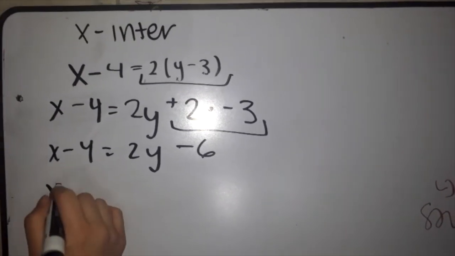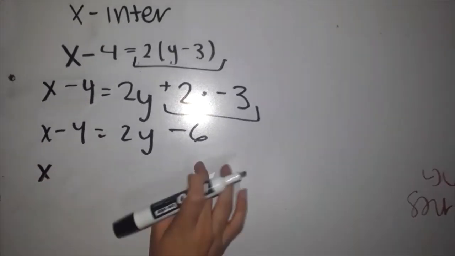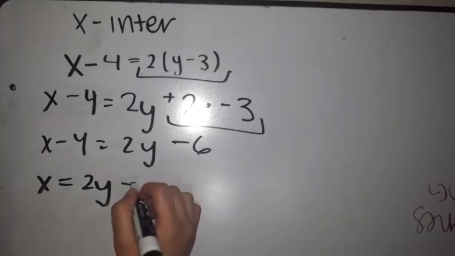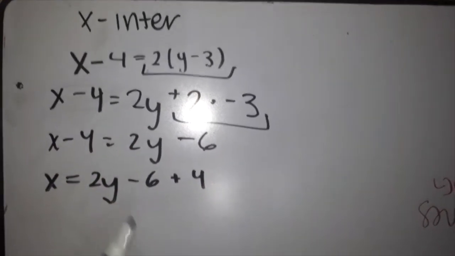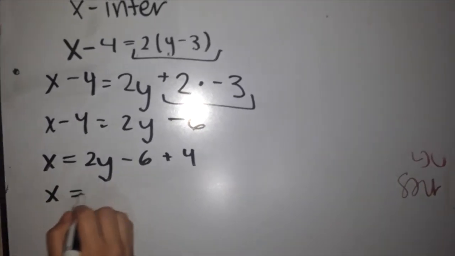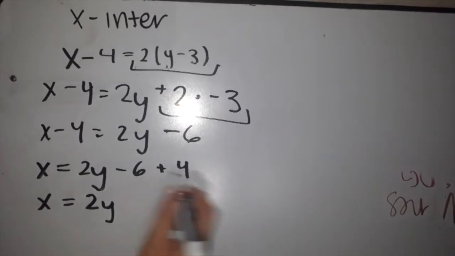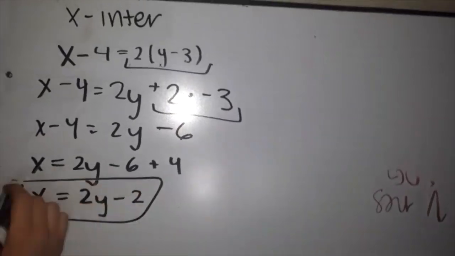After that, we're going to pass this number to this side. So we're going to have x equals 2y minus 6 plus 4, because when you change it to the other side, you have to change the sign. And you're going to have x equals 2y minus 2. And this is your x-intercept.